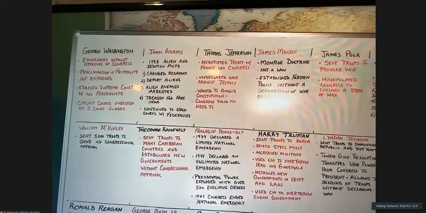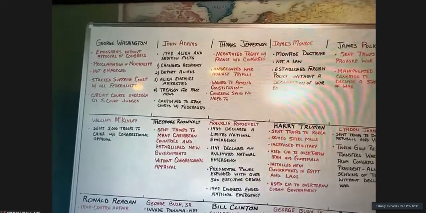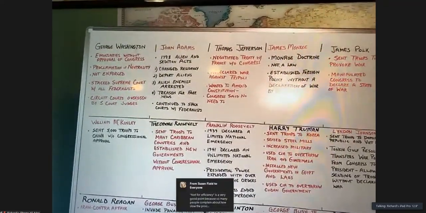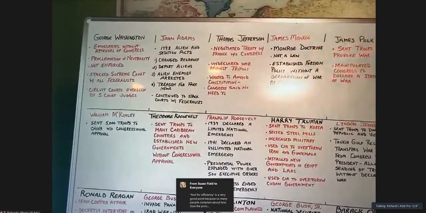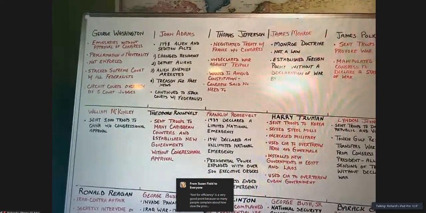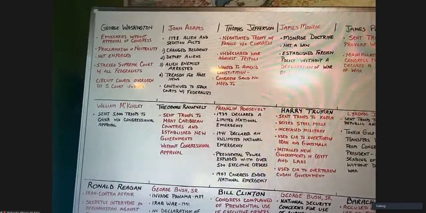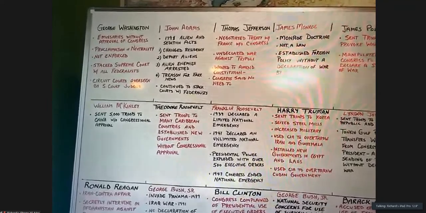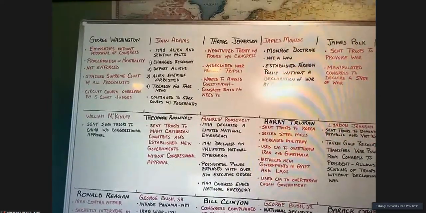The first thing President Washington did was he sent emissaries overseas without legislative approval. So here we have the first president exercising his presidential power, but without Congress. Then in 1793, he formally announced a proclamation of neutrality.